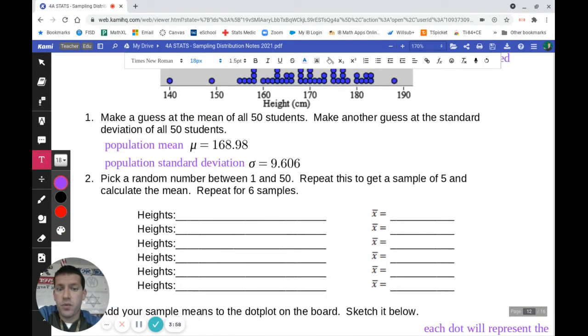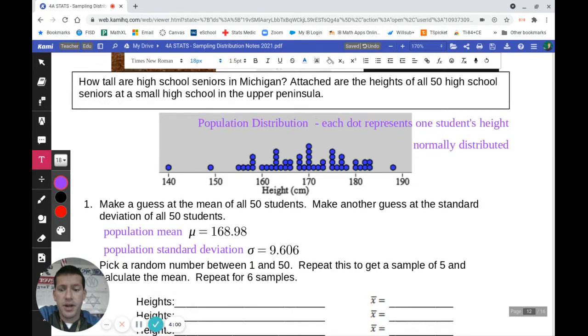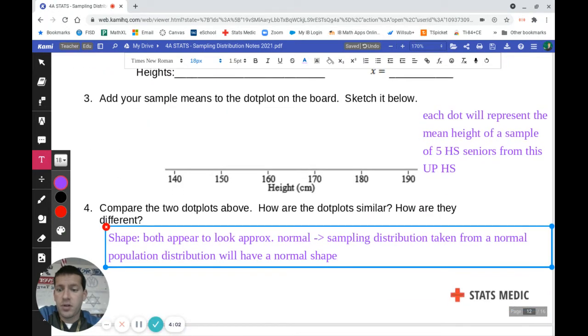So when we start with a normal distribution like we did right here, and we take a sample of any number from that population distribution, which was normal, then the resulting sampling distribution dot plot will be normal as well.